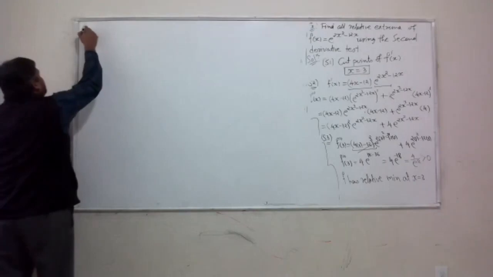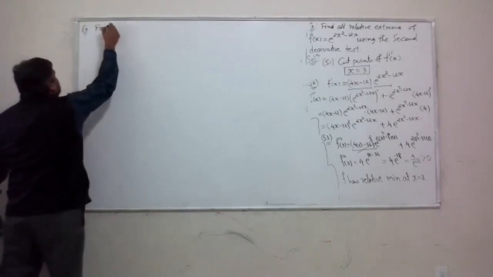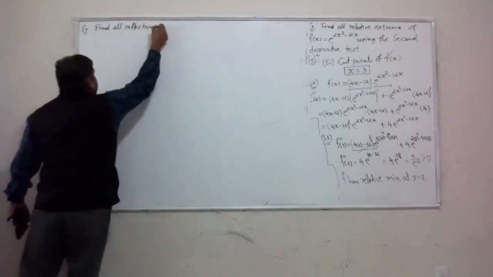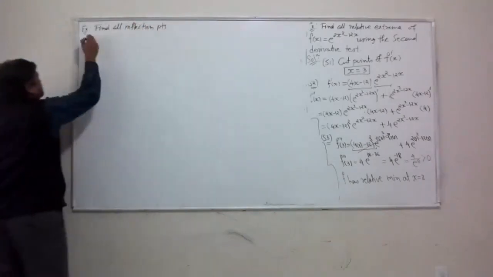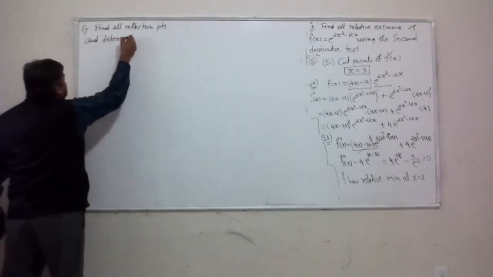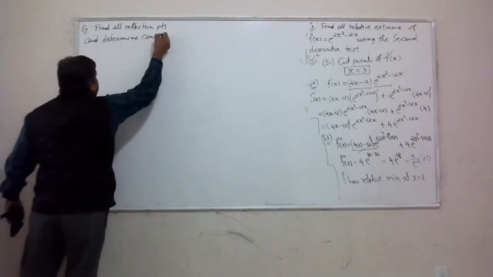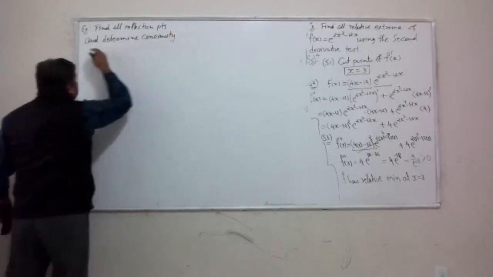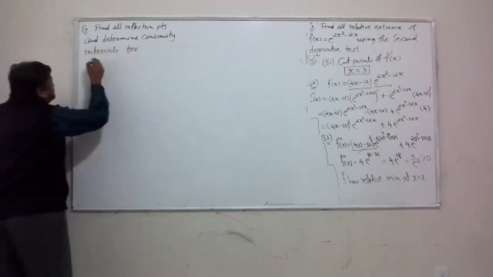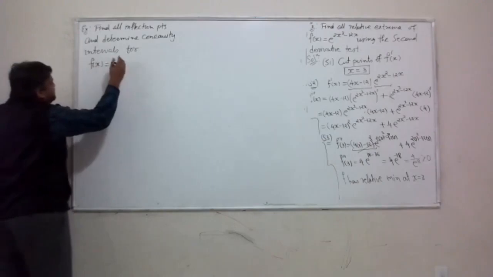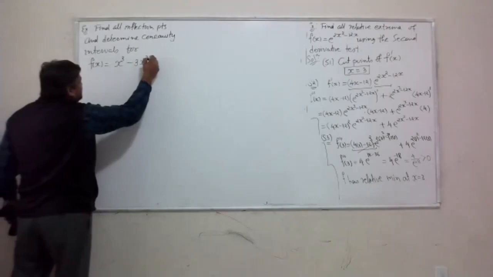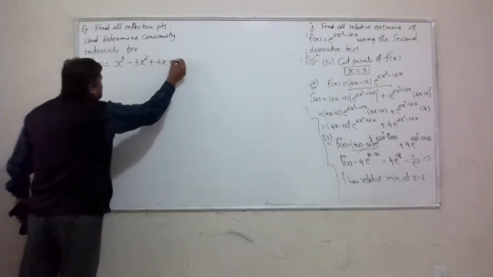So here is an example. Let's say, find all inflection points and determine concavity intervals for this function f of x equal to, let's keep it simple, x cubed minus 3x squared plus 4x plus 5.